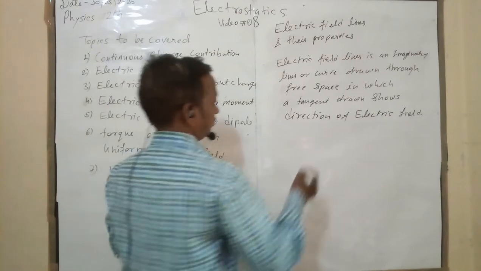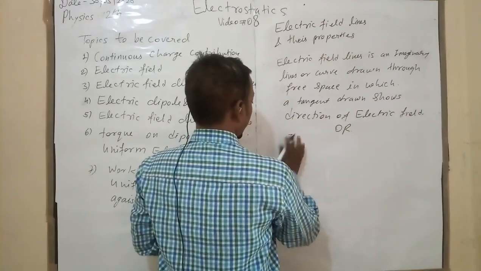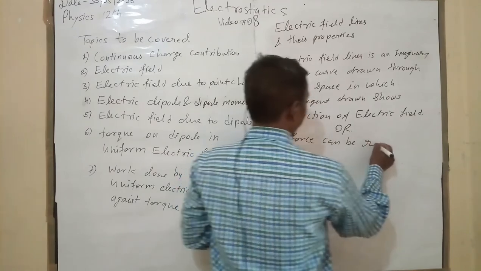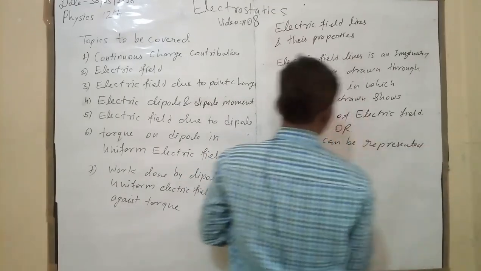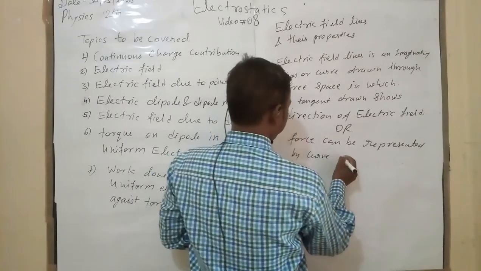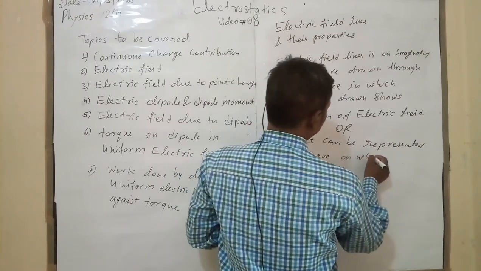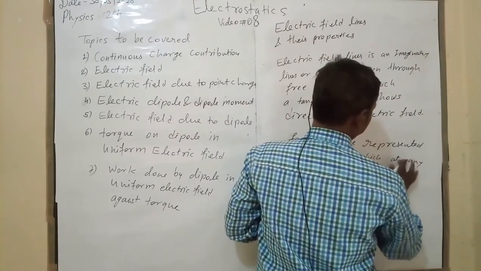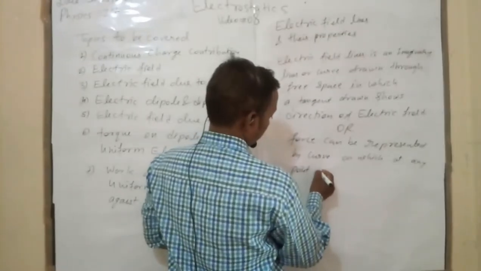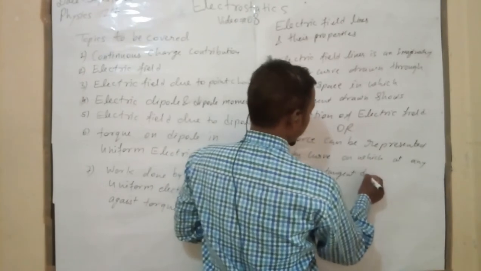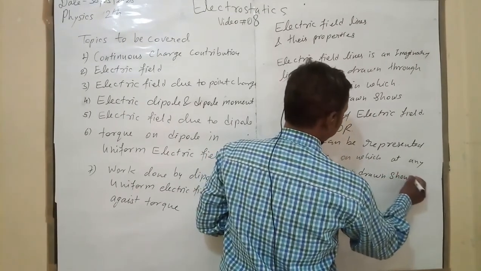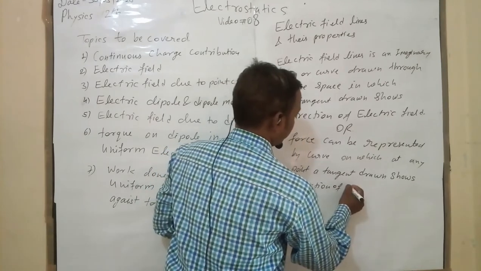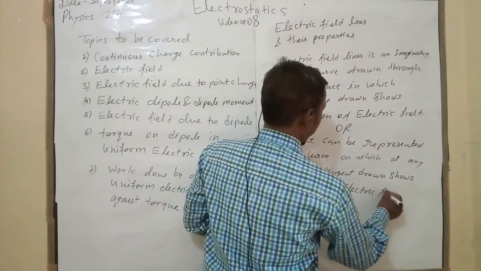Or, a curve on which at any point a tangent drawn shows the direction of the electric field.